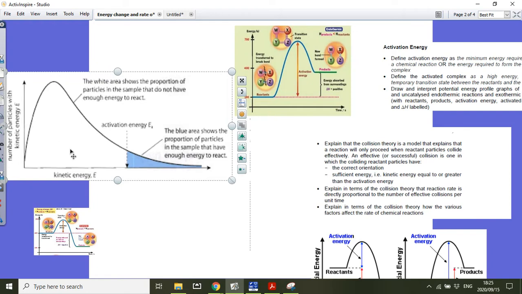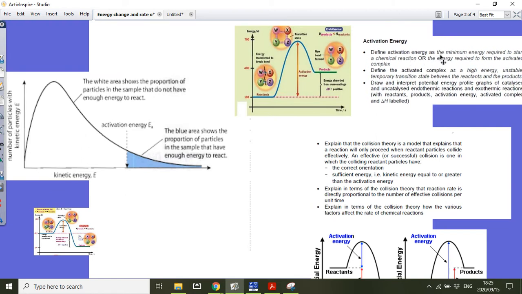Now, the kinetic energy must be higher than the activation energy for a reaction to start. So you'll see the definition for activation energy is the minimum energy. So it's this energy here, the minimum energy that I need for a chemical reaction to start, or the minimum energy I need to reach that activated complex at the top.